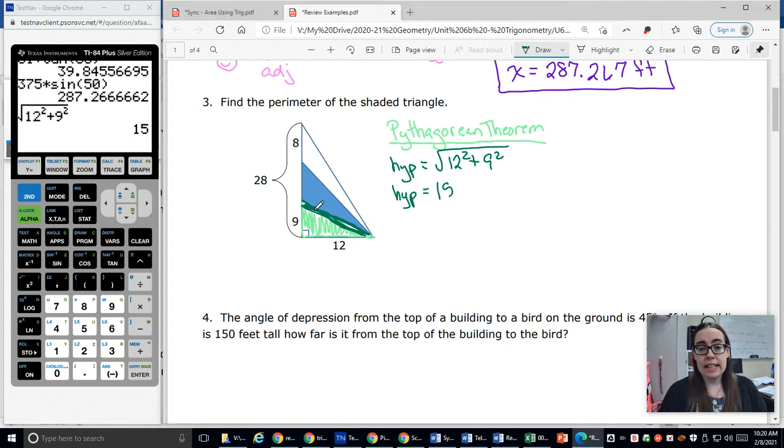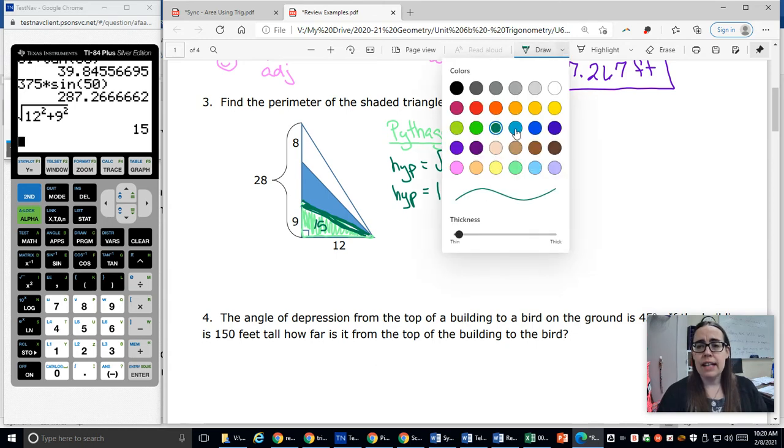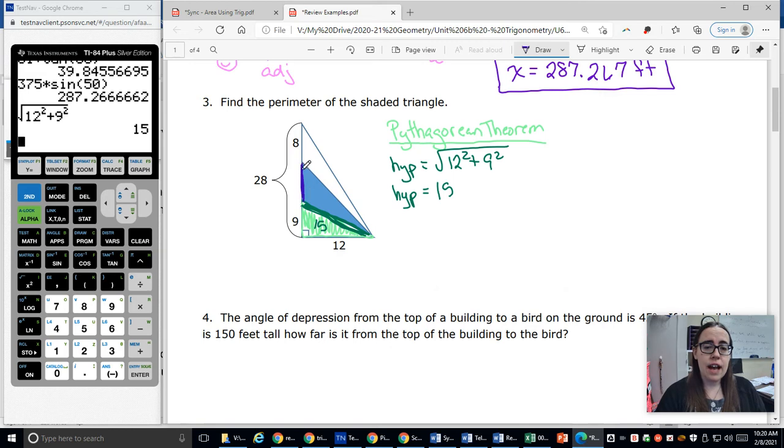So I already found this side. This side is 15. I'm trying to find the perimeter of this blue triangle. So, well, let's look at just that left side. If I look at this side here, I can find that side just using the segment addition postulate because I know that these 3 segments together are making up the 28, right? So I have 28 and I have 9 and 8.